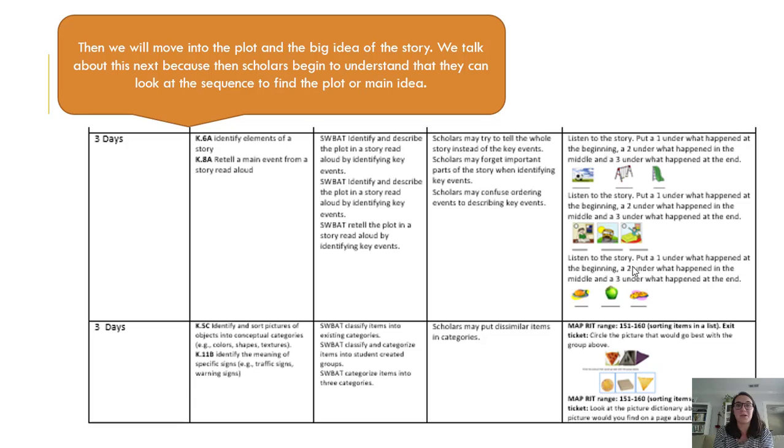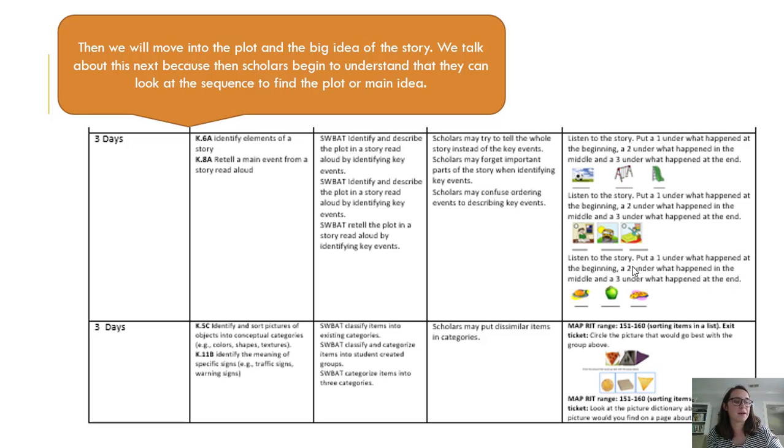And when we read as adults, we don't read to use our schema to make predictions. We read to understand the plot of the story, what the author is really trying to tell us. So this is a really important moment for our scholars, and something that we need to make sure that we're really hitting hard, so that our scholars will be really successful readers and hopefully enjoy reading even more, both as older scholars in college, but also as adults.